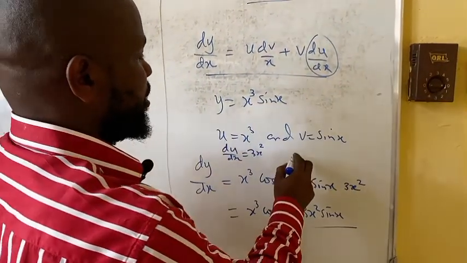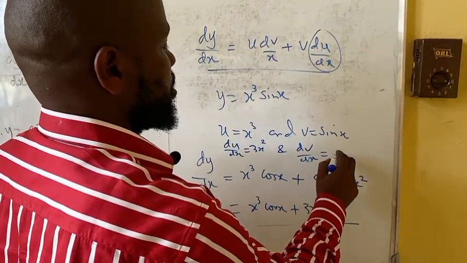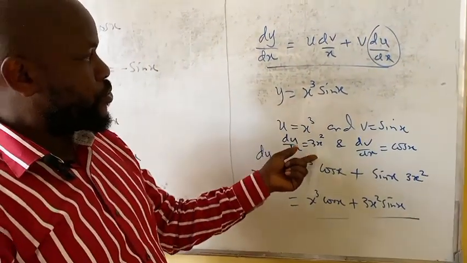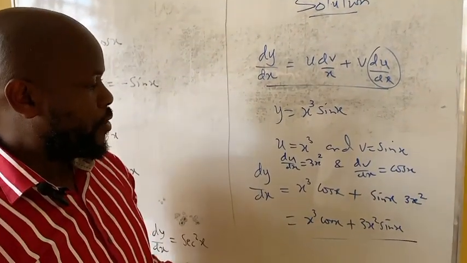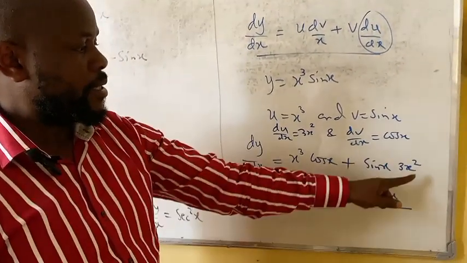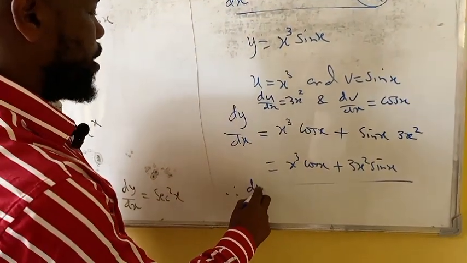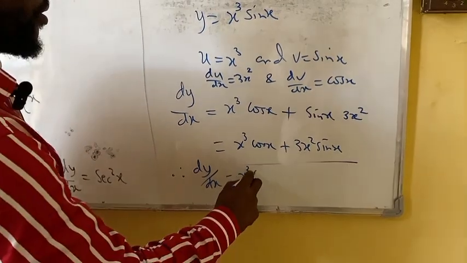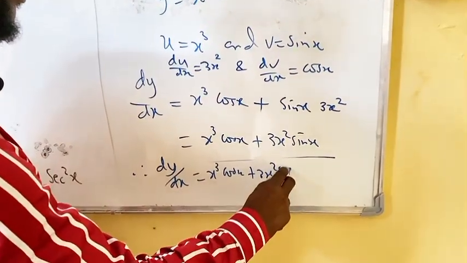And if we differentiate v with respect to x, this is cos x. If we substitute these two in the formula, we have what we have here, and we perform the simple arithmetic. Therefore, dy with respect to dx is x cubed cos x plus 3x squared sine x.